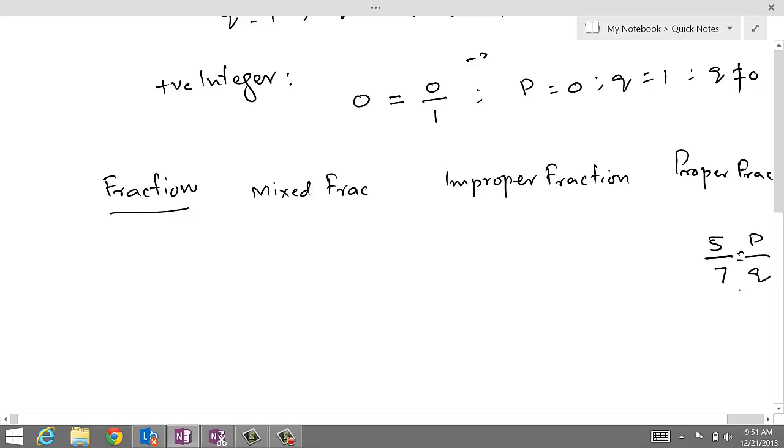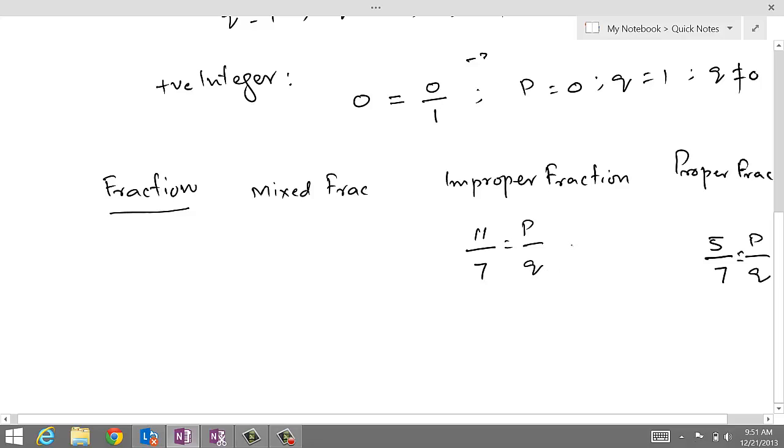Improper fraction is the fraction in which the numerator is greater than the denominator. So let's say 11 over 7. Again here the numerator 11 is an integer and the denominator, which is 7, is also an integer, and the denominator doesn't have 0.